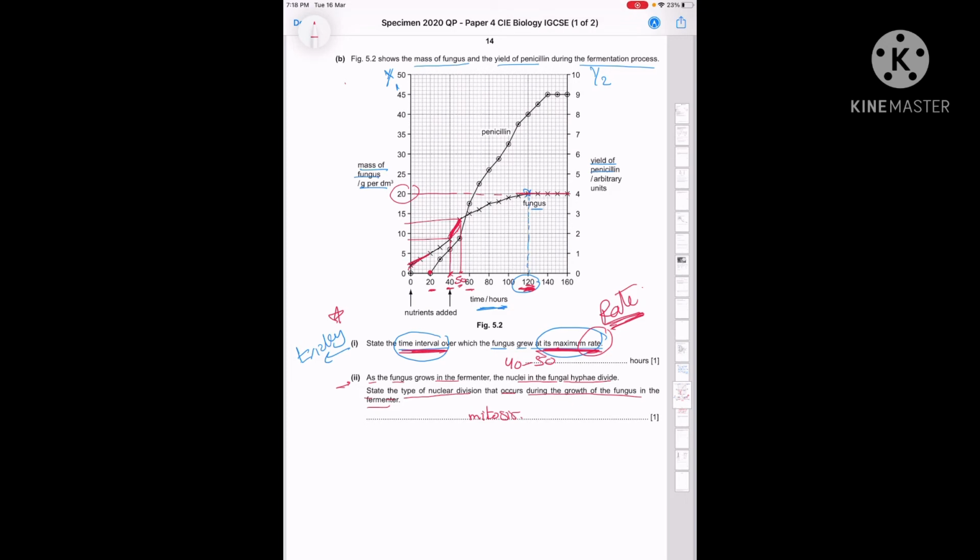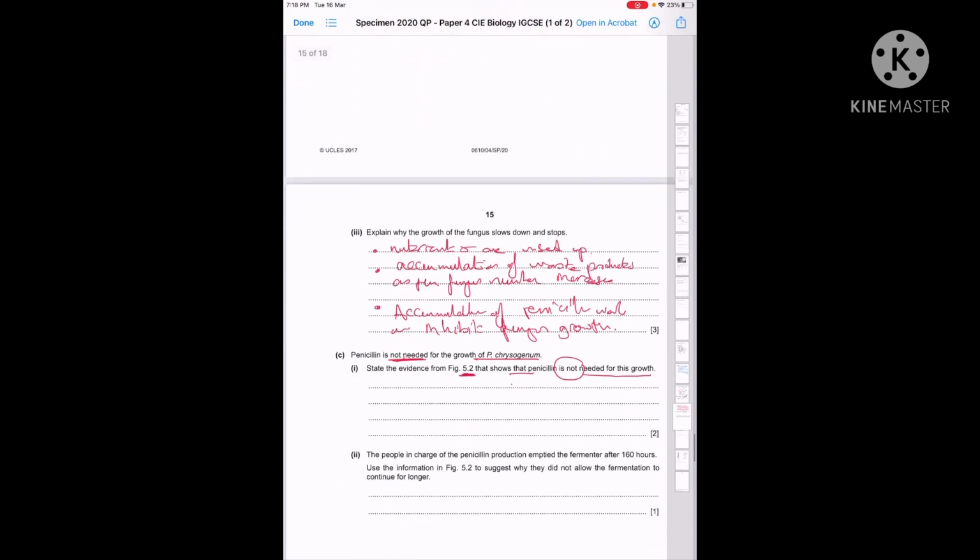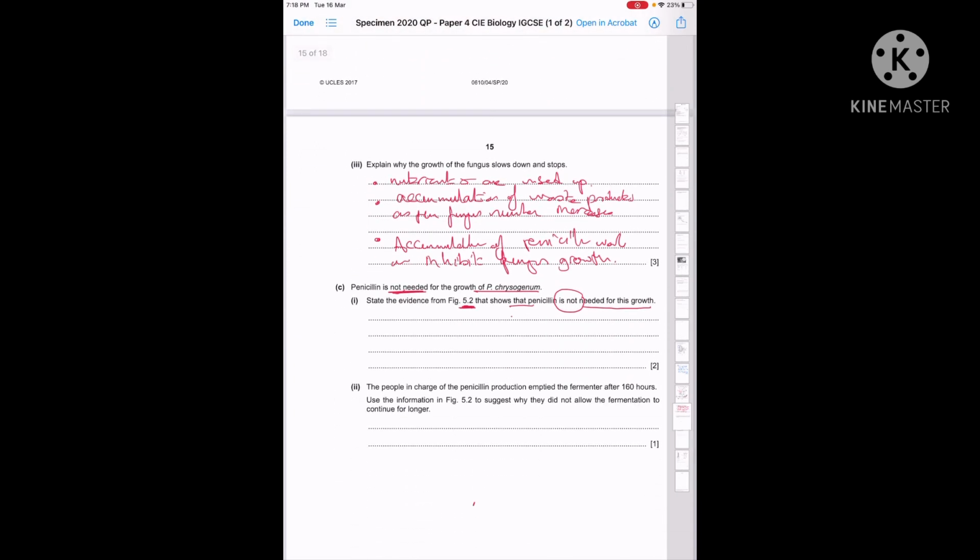So that's why I would claim the reason here is that fungus was growing when no penicillin was produced, okay, and that was during the first 20 hours, okay. So that's the one mark, and that's the second mark.